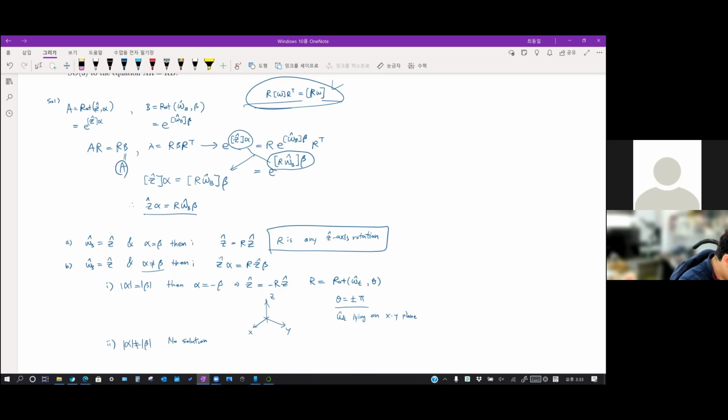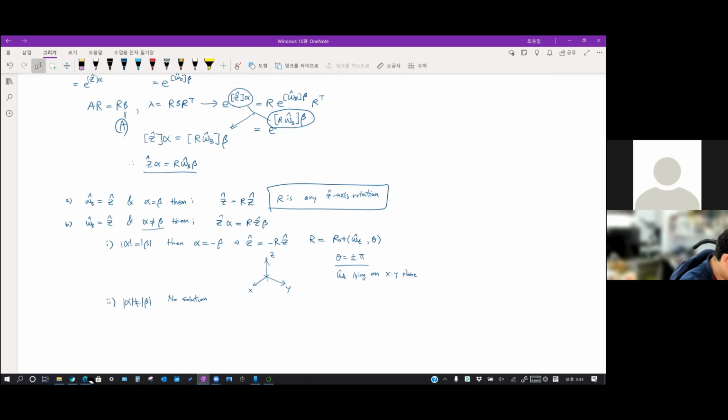So as a result, R should be like this. There is z direction, and with any rotation vector on the xy plane, if we rotate minus pi or pi, this z direction becomes the minus z direction.